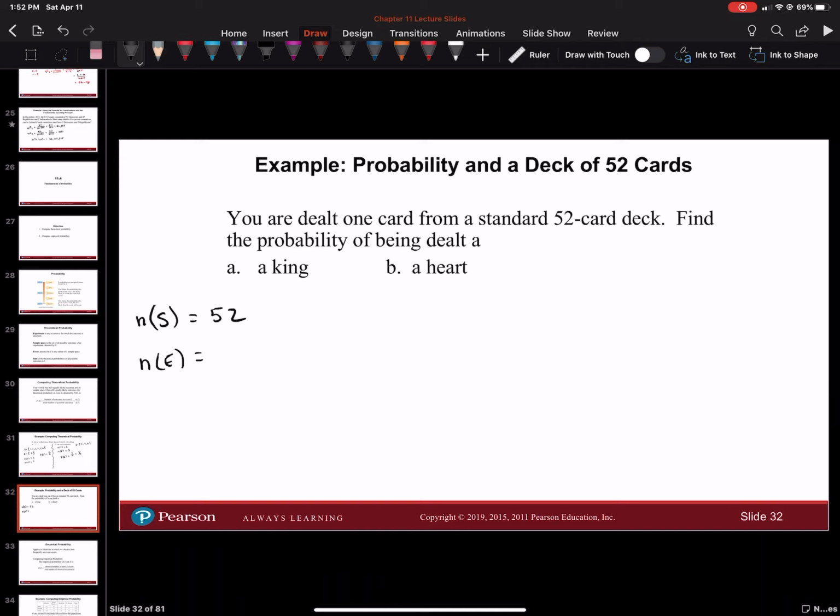In a standard 52 card deck, you have 4 different suits, which are hearts, diamonds, clubs, and spades. Each suit has a king. So there are 4 different kings. Therefore, the probability of this happening is 4 over 52, which reduces to 1 over 13.